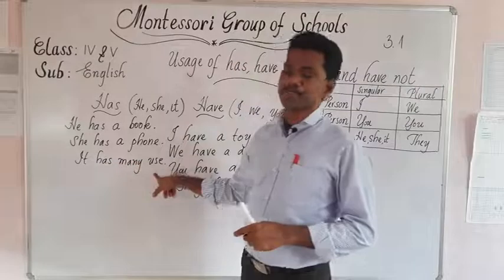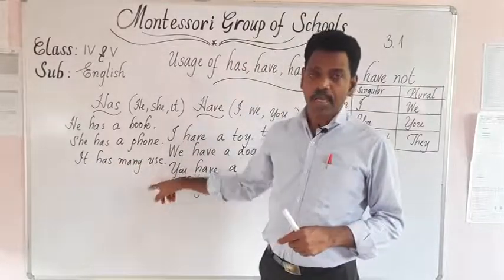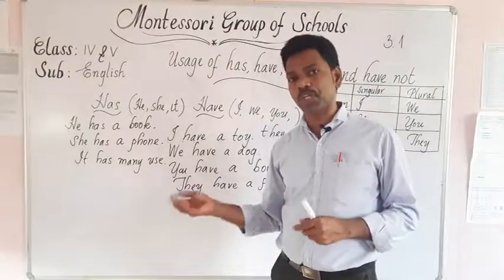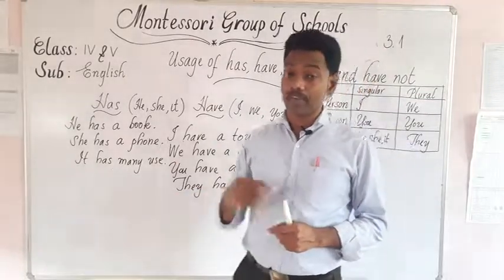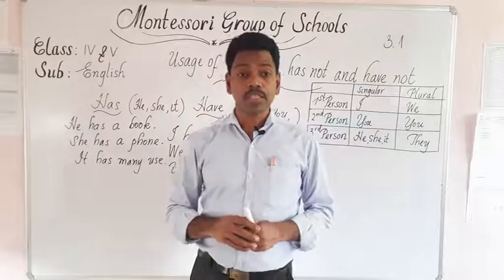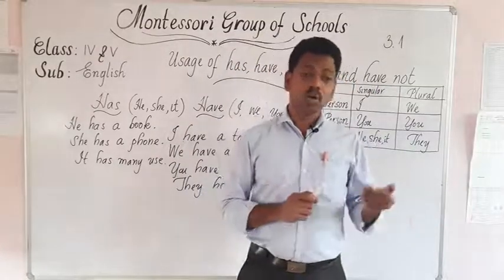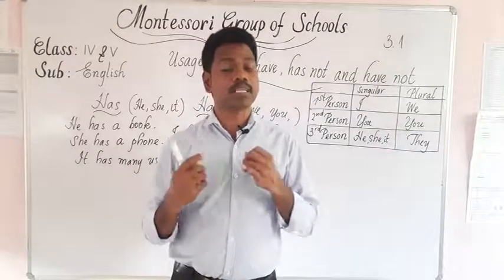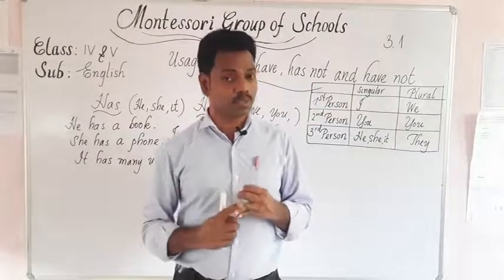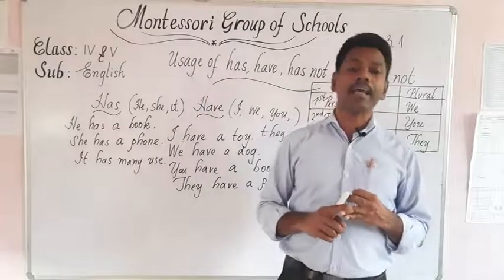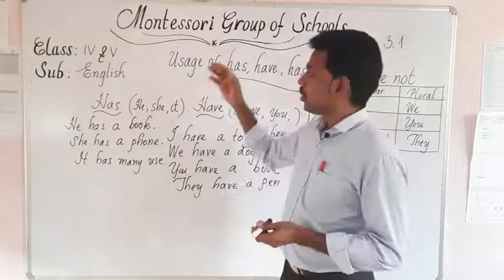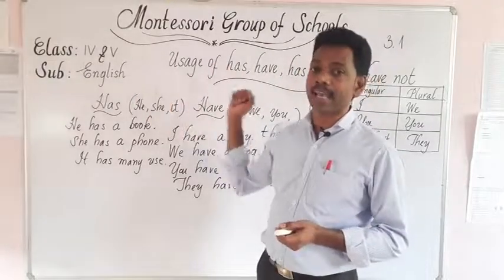Then it has many uses. And the second case is helping verb. As I have shown you earlier, I have completed my lunch. She has got a first rank. So in those sentences, the words completed and got are the verbs, and has and have are acting as helping verbs.